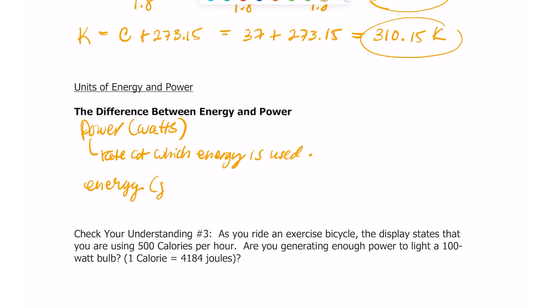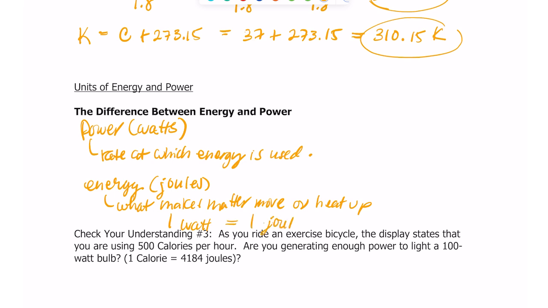Energy is measured in joules, and it's what makes matter move or heat up. And then a conversion that might be of use to you is 1 watt is actually equal to 1 joule per second.